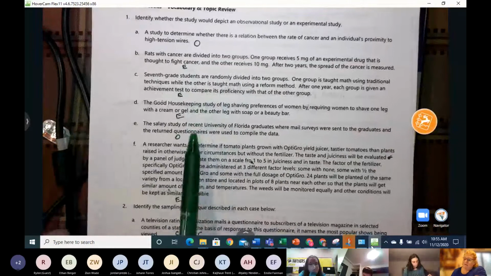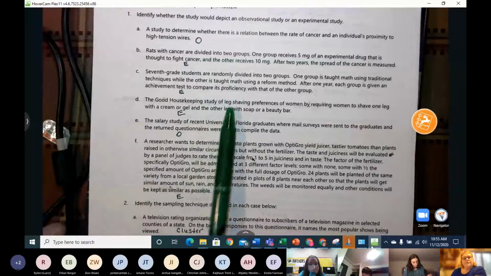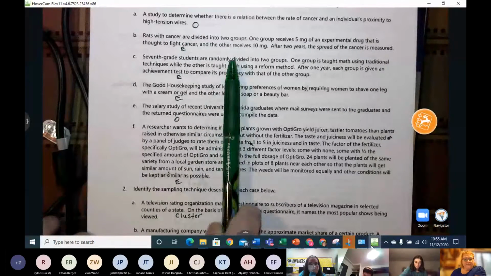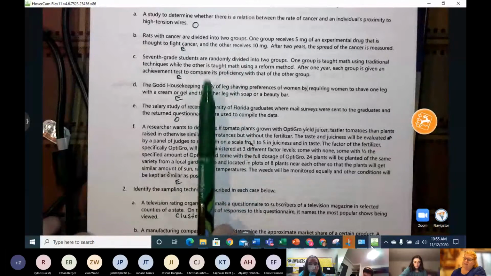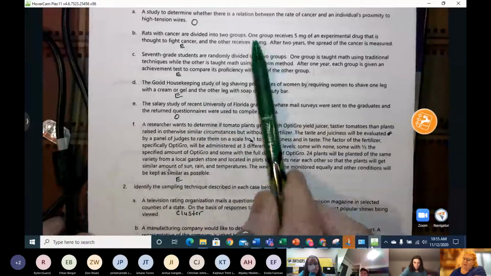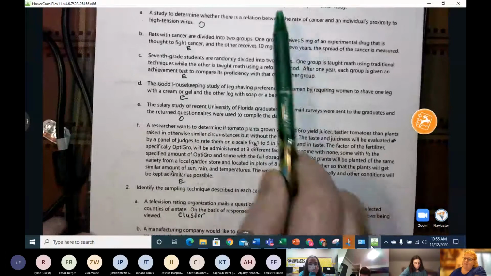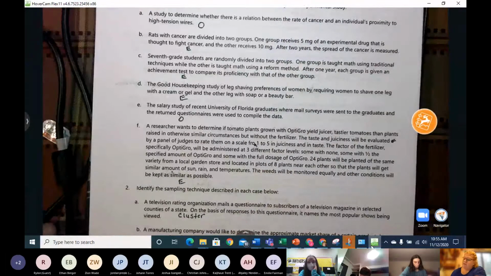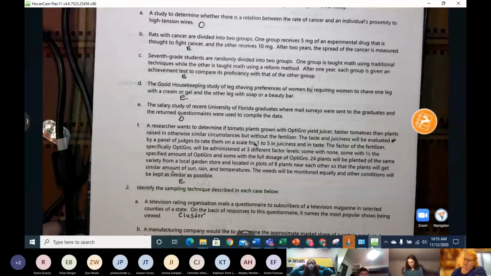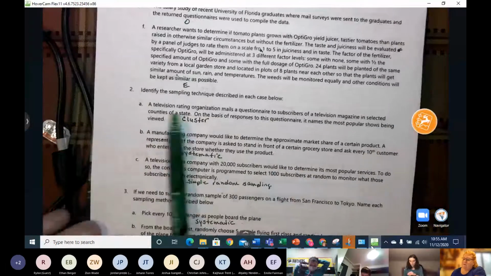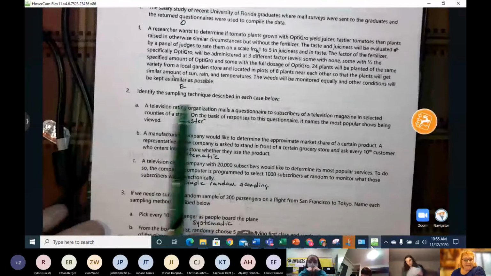And then it just goes through different examples where you are reading about each situation and then having to decide whether it is experimental versus observational. So that is some practice problems looking at observational versus experimental studies, looking at case situations to make that decision. The second part of those practice problems looks at sampling techniques.